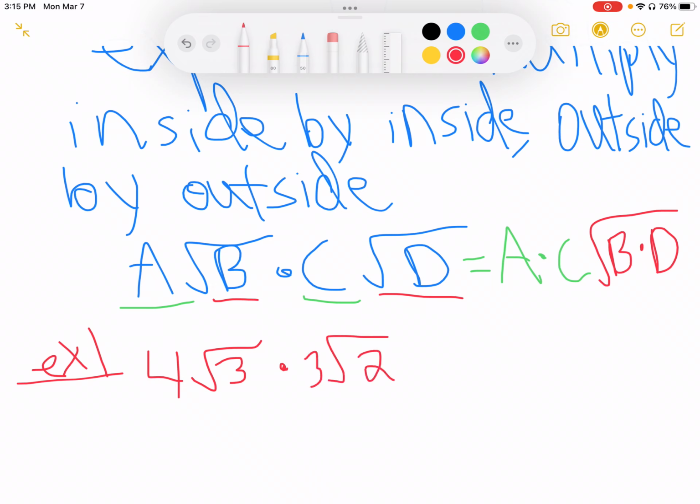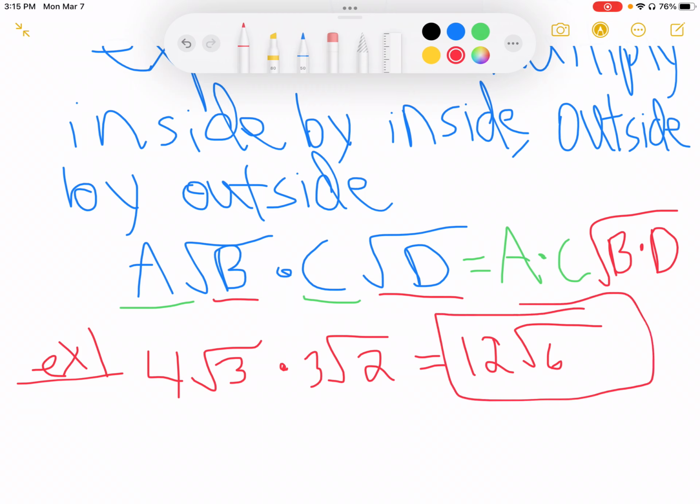The simplest way to do this is like we did above. We'd multiply 4 and 3, so we'd have 12, and then the square root of 3 times the square root of 2 gives the square root of 6. And that would be our answer. That's as simple as it is for that one.